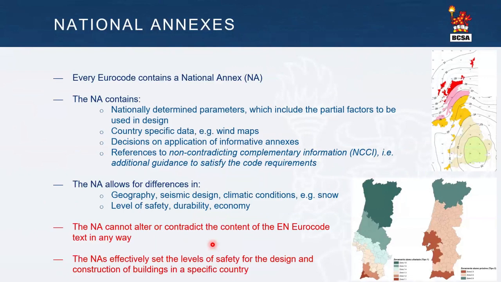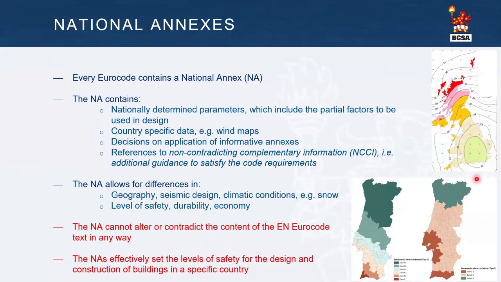The national annexes are key documents, and they accompany the Eurocodes to allow, in a way, that each Eurocode is set at the national level through national choices and decisions for a project in a specific country. And they include the nationally determined parameters, the NDPs, which include, for example, the partial factors that you should use in design, and some country-specific data, as for example, wind maps.